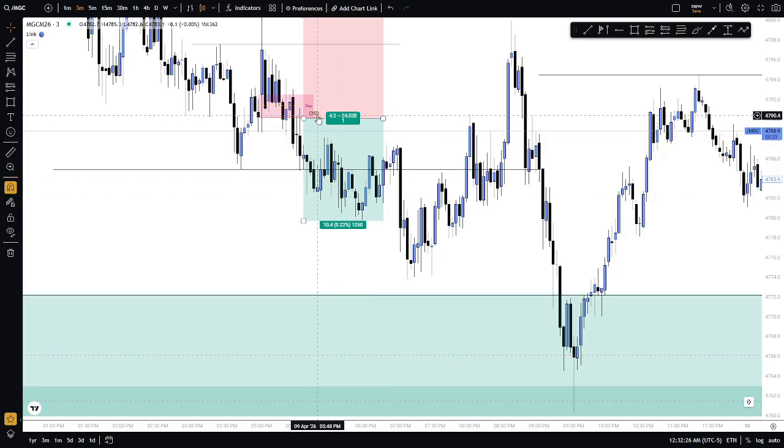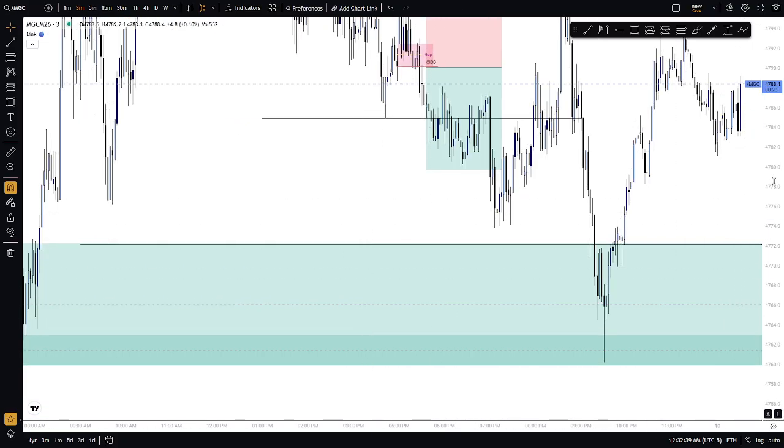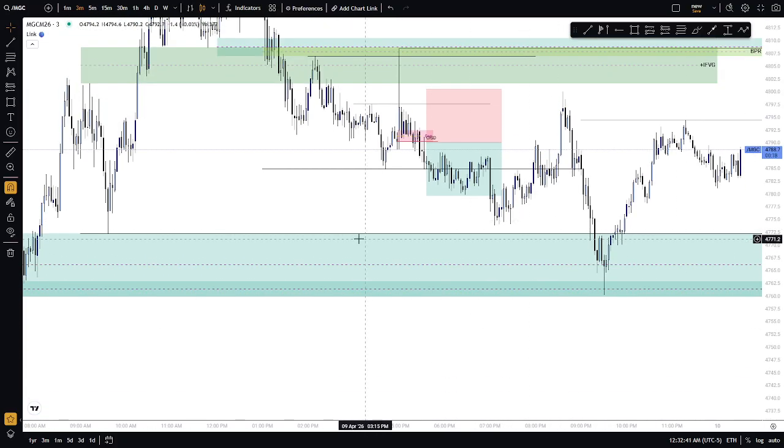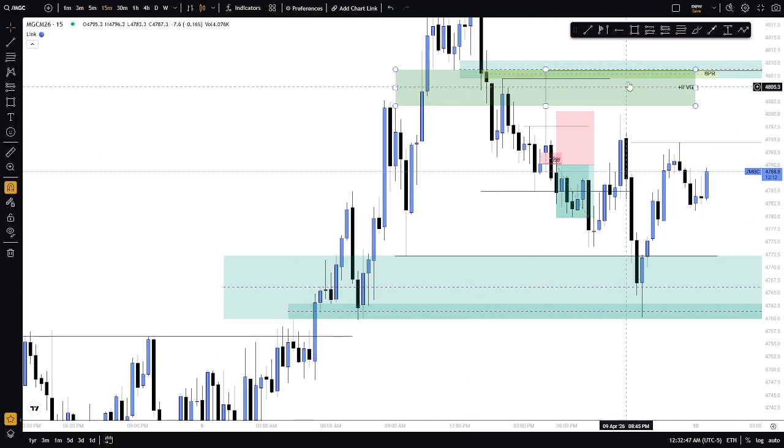As we can see, after getting the entry, price would have delivered right here with a little bit extra down towards the 4 hour fair value gap before taking out minor sell side liquidity on the 15 minute.